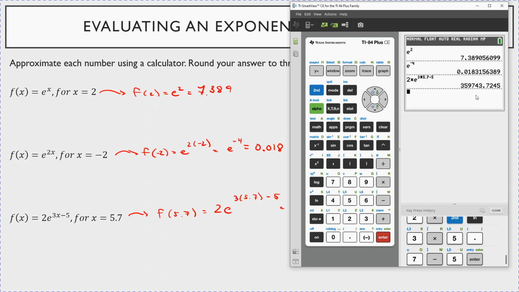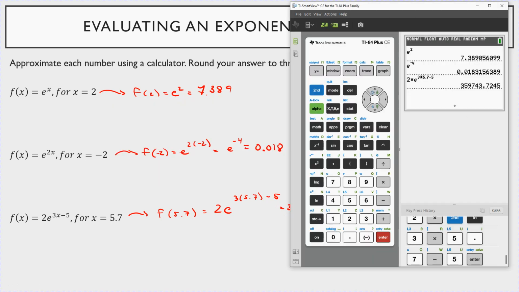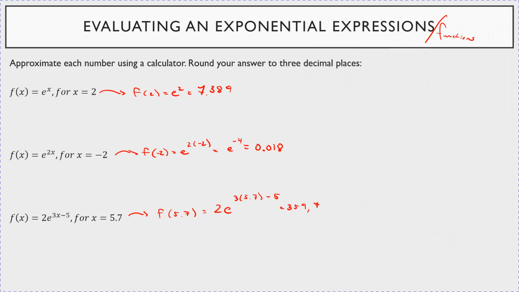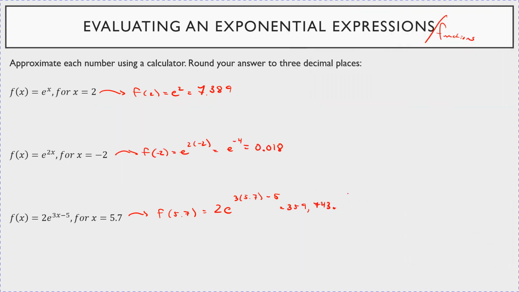And you should get, wow, look at this, 359,743.725 when we round it. So big number, blew up really, really quickly.